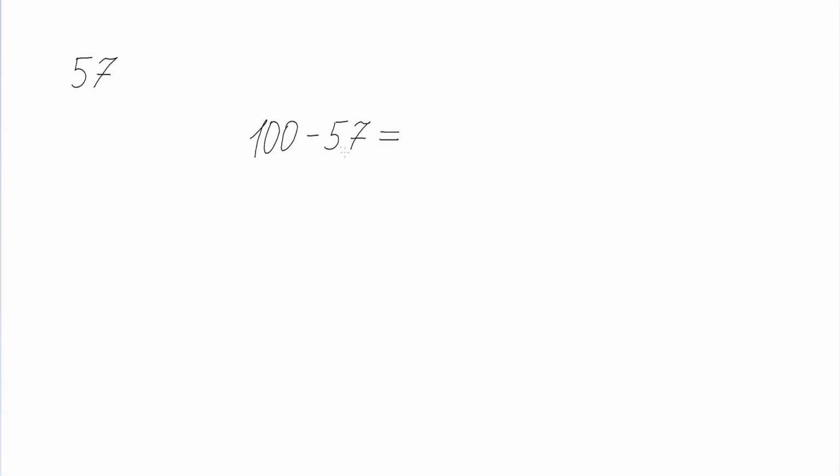So the first digit in 57 is 5. And we need to find out how far it is away from a 9. So 9 minus 5 will give us 4. The last digit in 57 is 7. And now we need to find out how far 7 is away from 10.